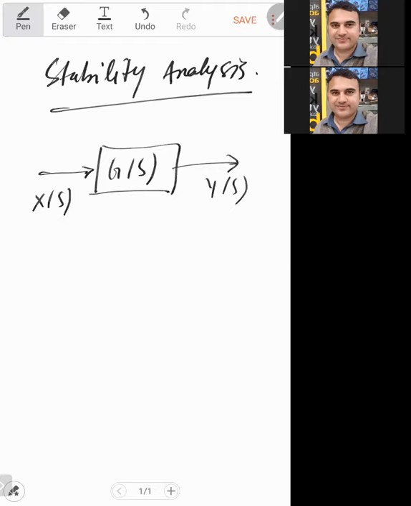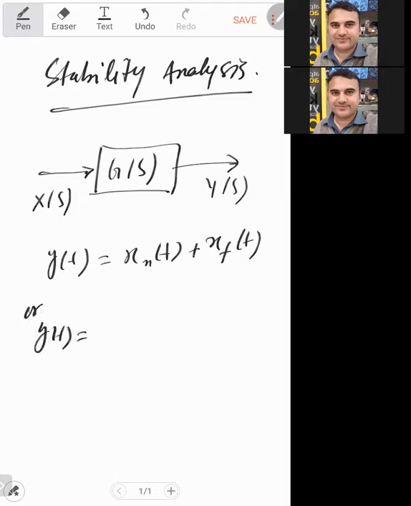So the total response, we already know, can be represented as the natural response plus the forced response, or you can also say it is equal to the transient response plus the steady state response.